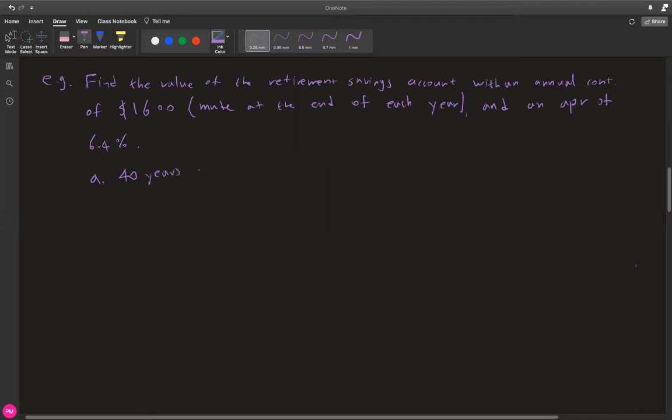So from this formula, I'm going to rewrite. We know that in this case, the annual contribution amount is $1,600, and the APR is also fixed at 0.064. But in this case, now we have y equals 40.